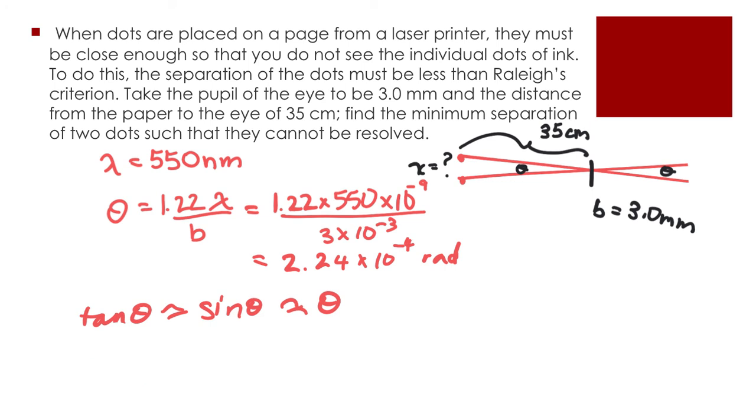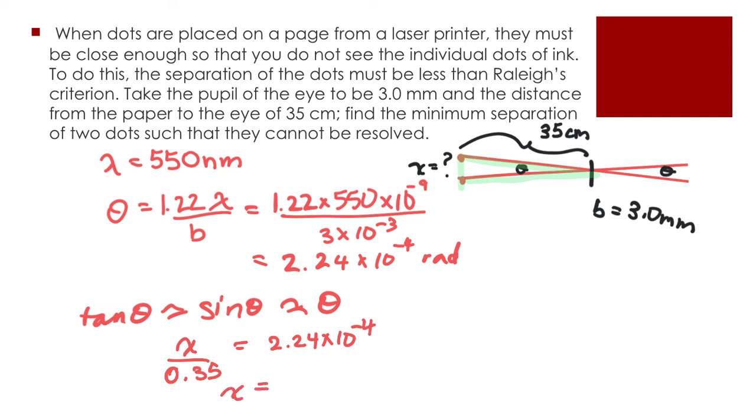Now, back to our question. From this triangle right here, I see it best as sine. I see opposite, which is my x, over my hypotenuse, which is 35 centimeters, and that's going to equal my radians, which would be 2.24 times 10 to the minus 4.